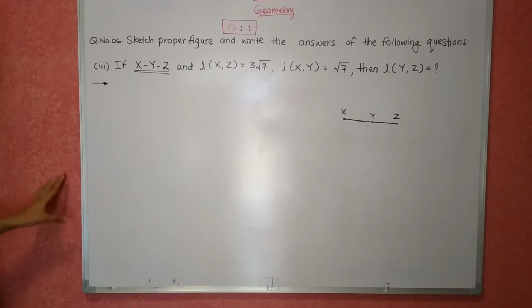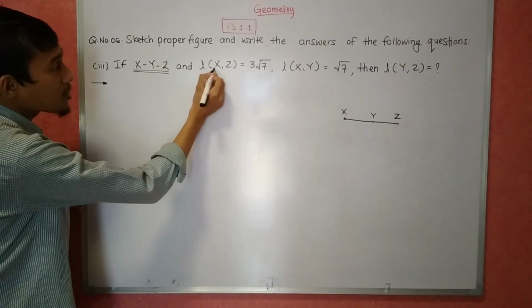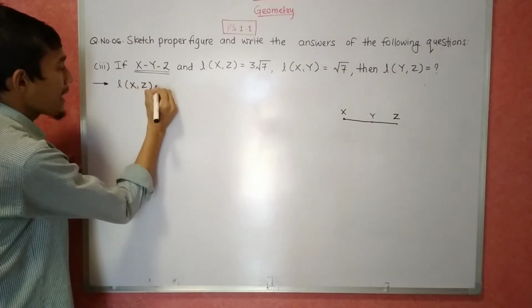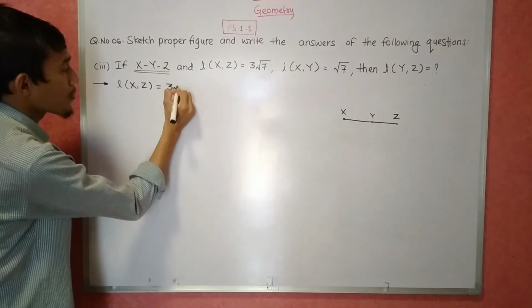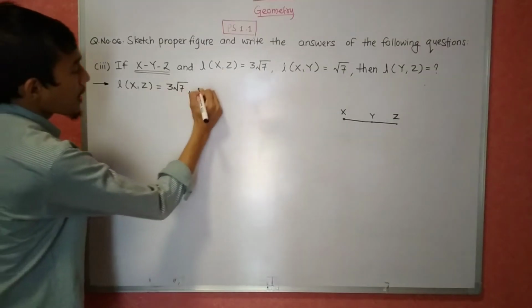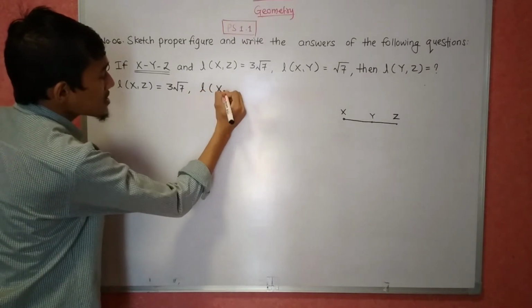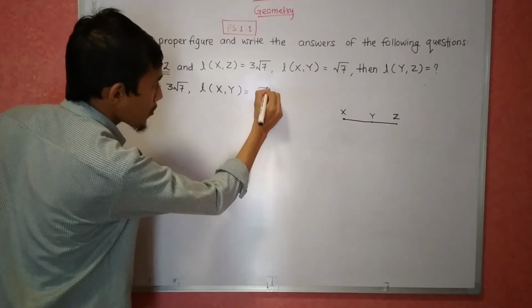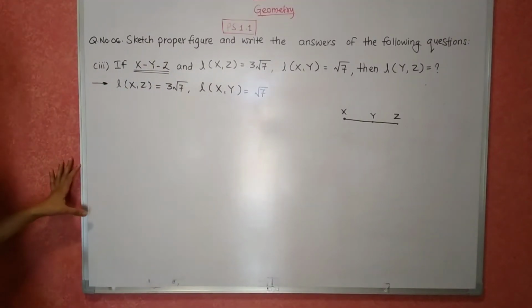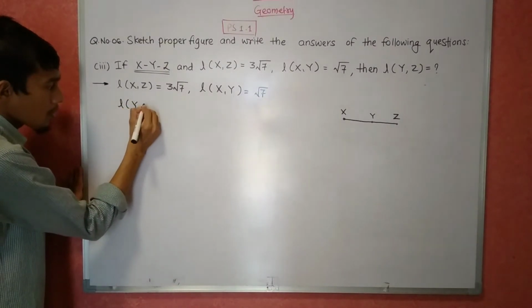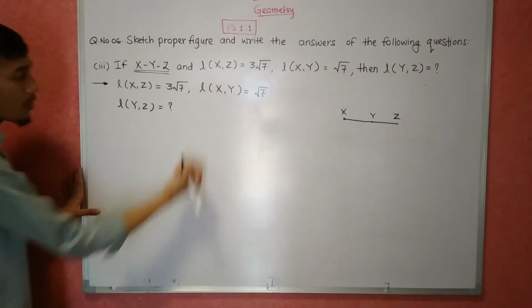Okay, now the value of length of xz is given, so L of xz is equal to 3 root 7, then xy is given, so L of xy is equal to root 7, okay, and we have to find the length of yz, so L of yz equal to question mark.